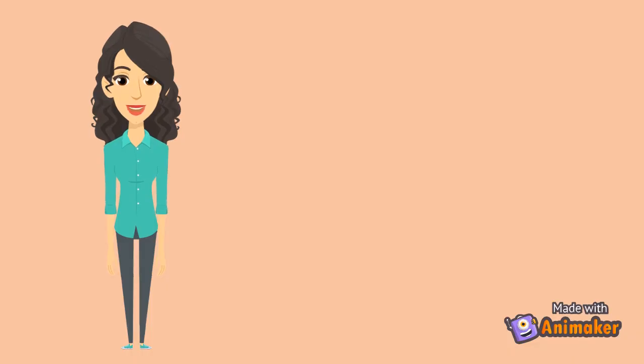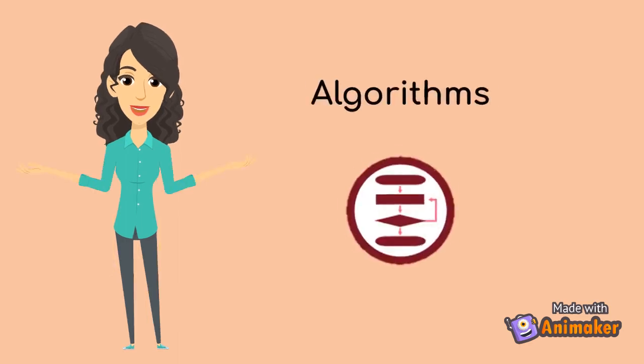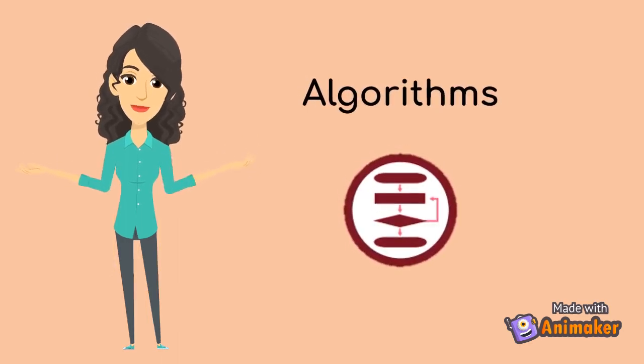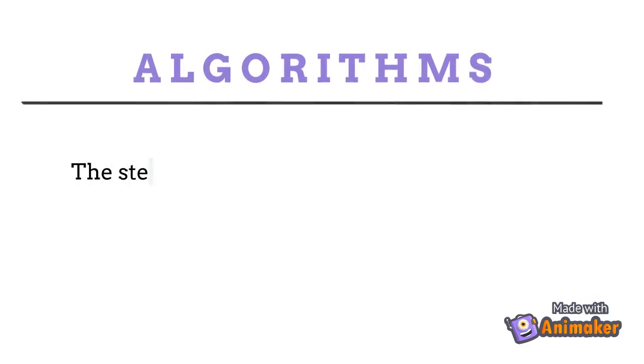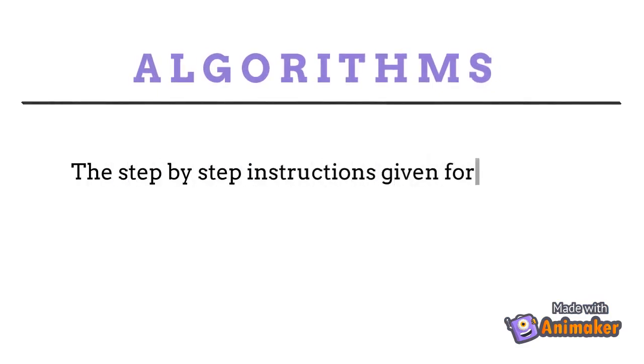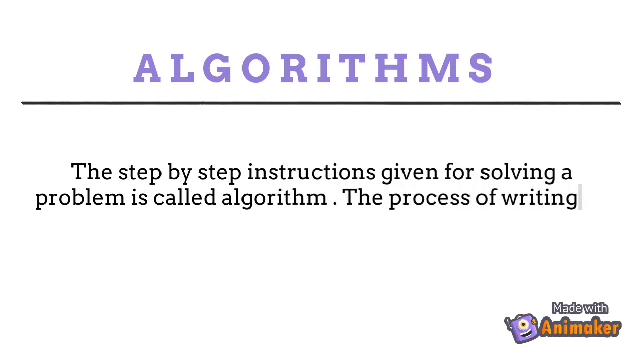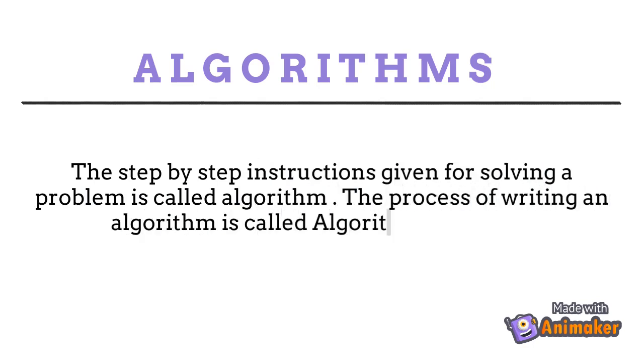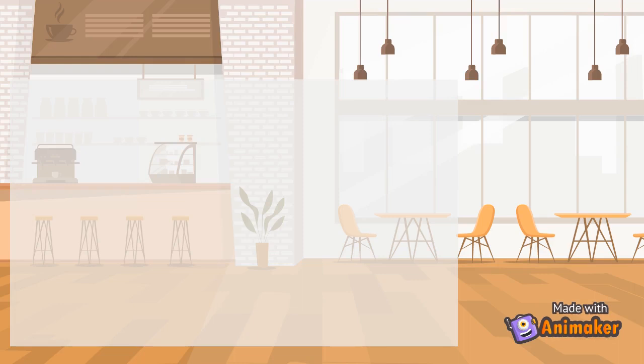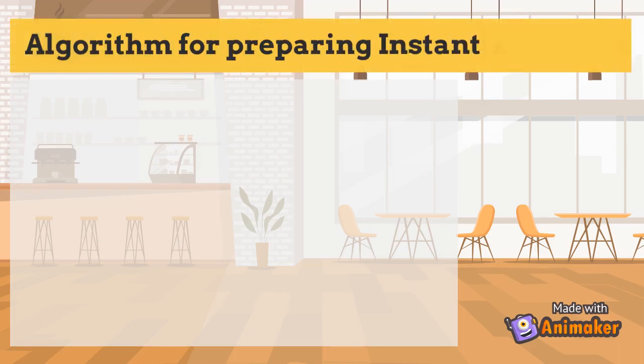Now we are at the last component: algorithms. The step-by-step instructions given for solving a problem is called an algorithm. The process of writing an algorithm is called algorithm writing. For example, let's write an algorithm for preparing a bowl of instant noodles.